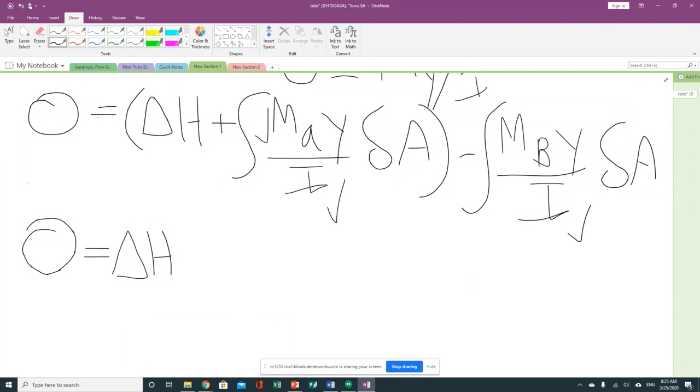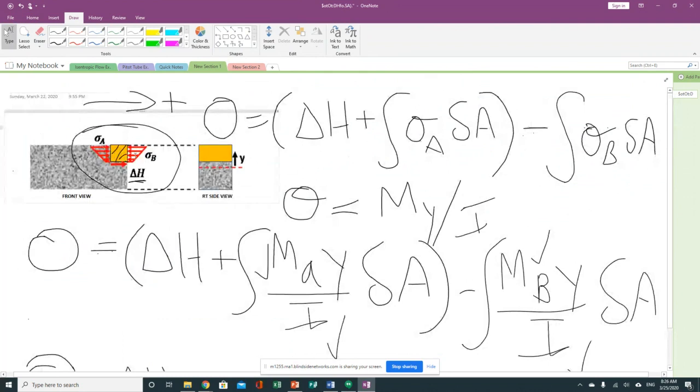So I can take an MA out and I can take an MB out, because at each point they are constant. However, if I go back up here, I'm integrating across this cross section, right?